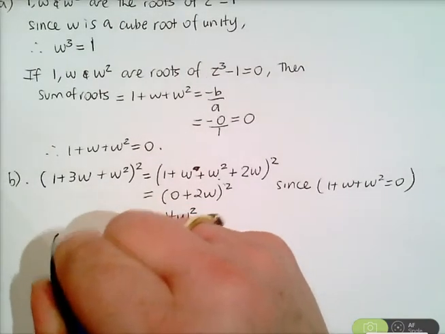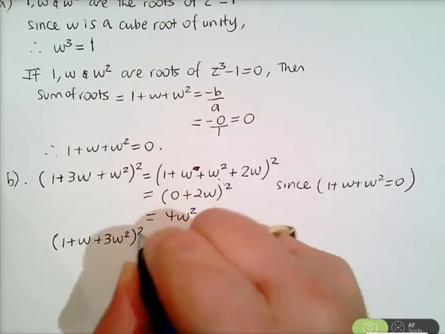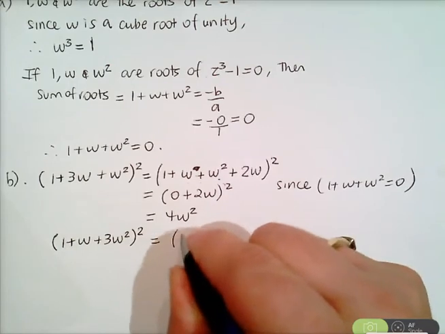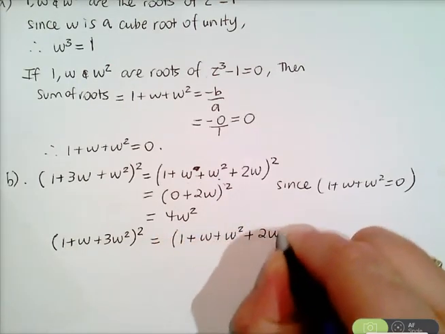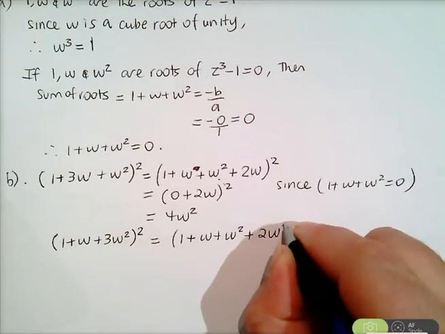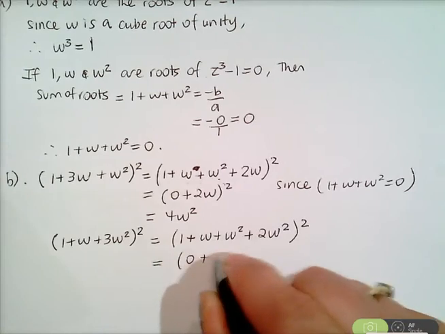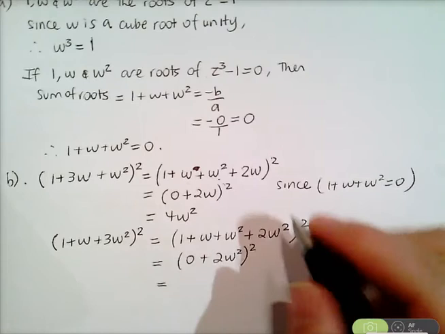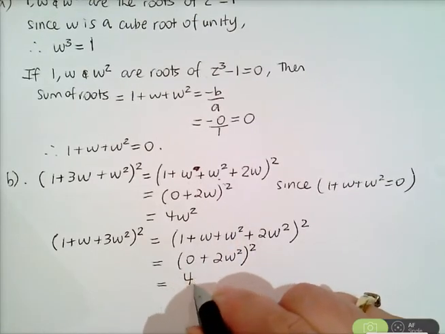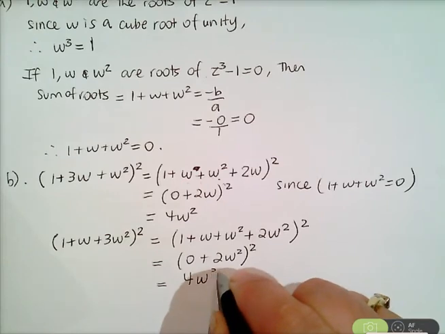And let's look at the second expression, 1 plus w plus 3w squared all squared would be the same as 1 plus w plus w squared plus 2w squared all squared, which is going to be 0 plus 2w squared all squared, which is 4 lots of w to the power of 4.